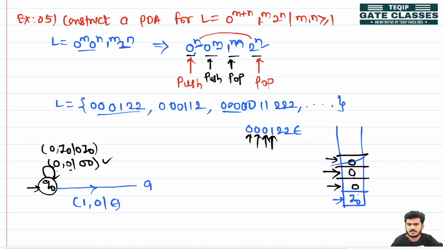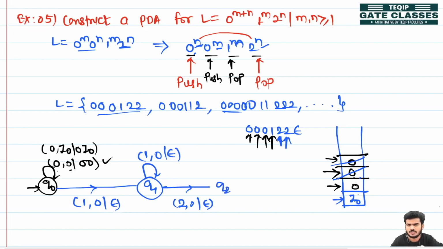For that situation we will write here, whenever 1 comes and the top of the stack is 0, then we will pop. Now next we have moved to the 2 and the top of the stack is 0, then also we have to do the popping. So for this 1 I have popped this 0, for this 2 I have popped this 0. Similarly for this 2 we have to pop this 0.